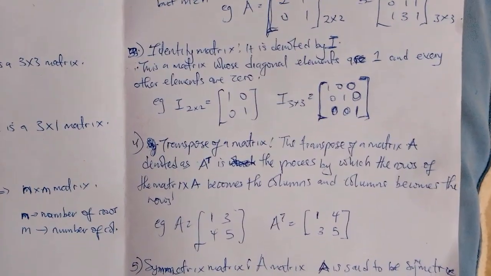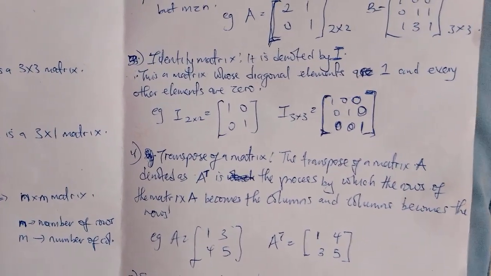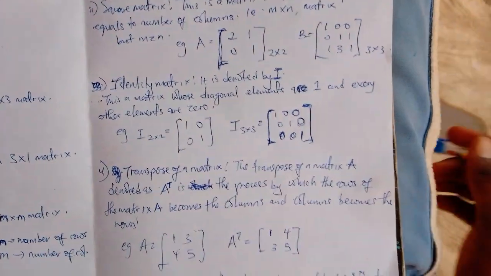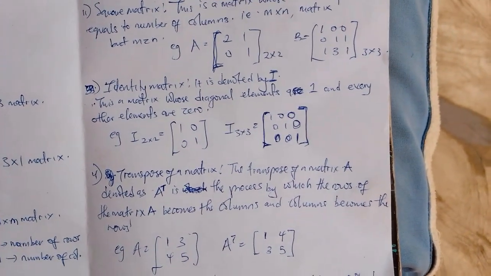Transpose of a matrix is usually denoted with A raised to power t. So anytime you see A raised to power t, you already know that it is talking about the transpose of a matrix.